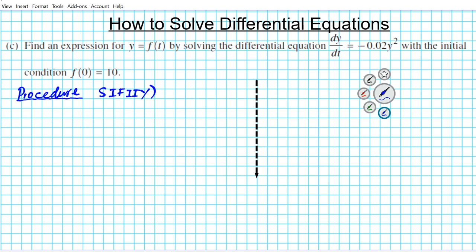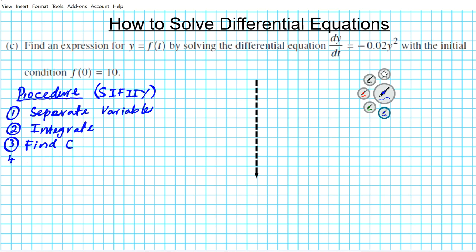So separation of variables, we'll start first by separating the variables. We're going to have the y's on the left side and the t's on the right, okay? So we're going to separate the variables, and then we're going to integrate. And then we're going to find c.